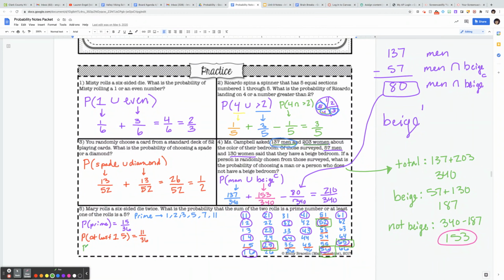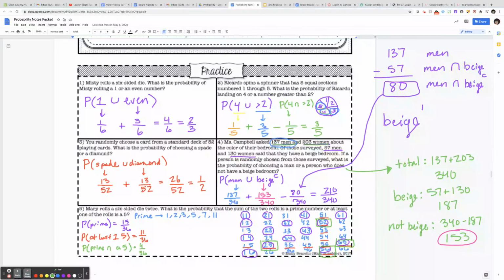Okay, so the probability of both, so prime and having at least one 5, so I'm just calling that a 5, is 4 out of 36.